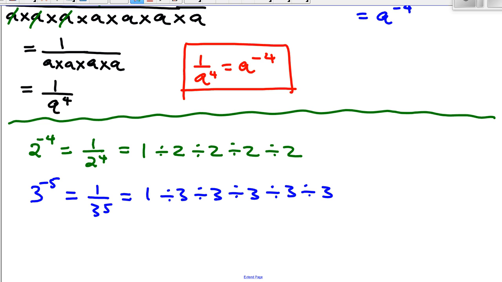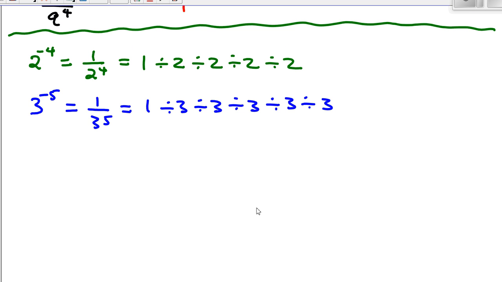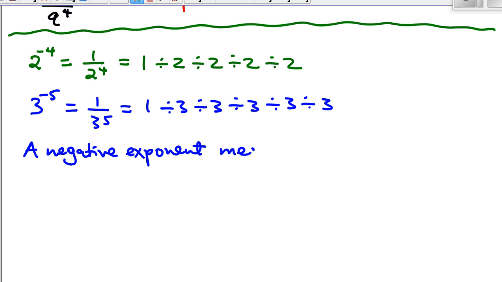So we can conclude and say that a negative exponent means how many times to divide 1 by that number.